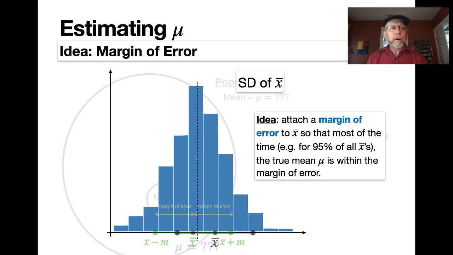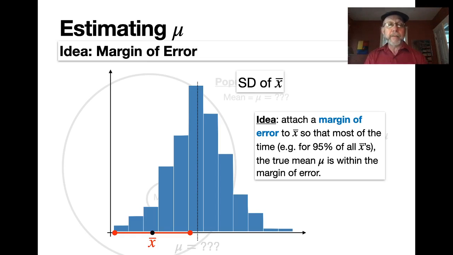Depending on where x bar actually lands in the sampling distribution, the true mean may indeed fall within that confidence interval, as I'm indicating here with the green colors. Or, in certain cases, if x bar is out in the tails far enough, it may be the case that the true mean does not fall in the confidence interval.